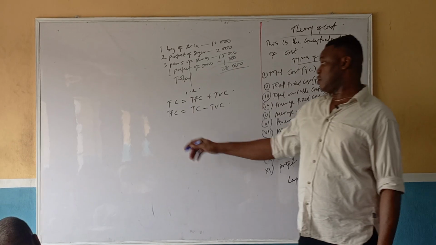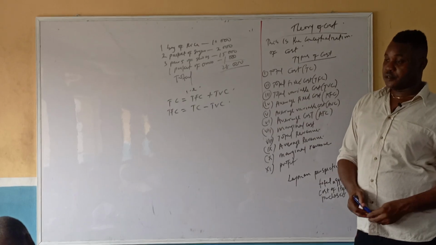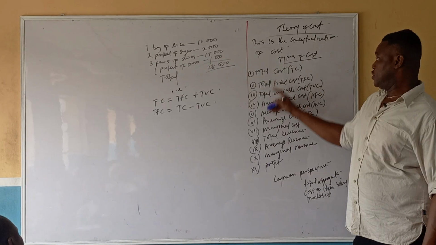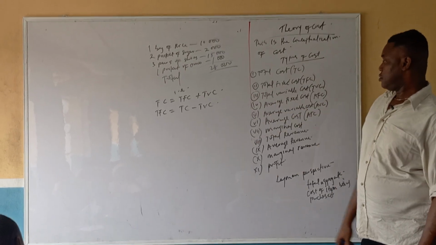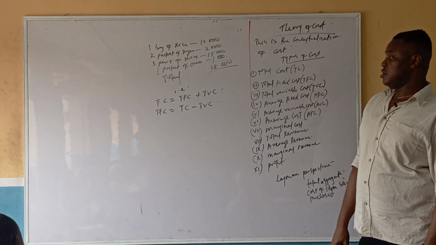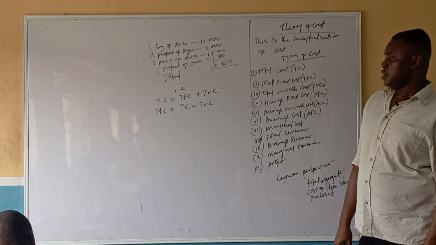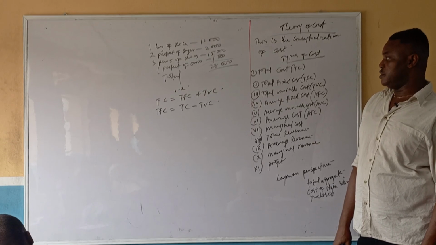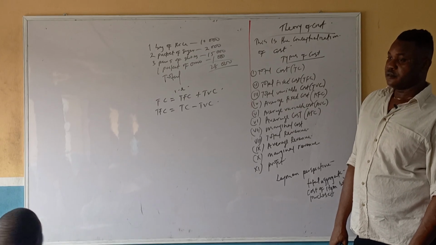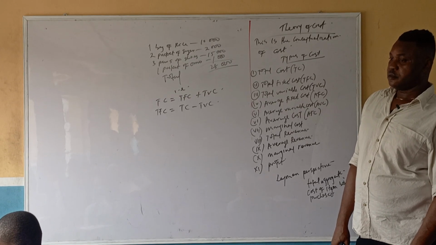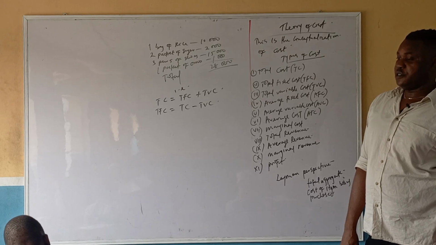Number 3, total variable cost. Underline total variable cost. I'll give you a definition of these two now, and I'll give you their formula.